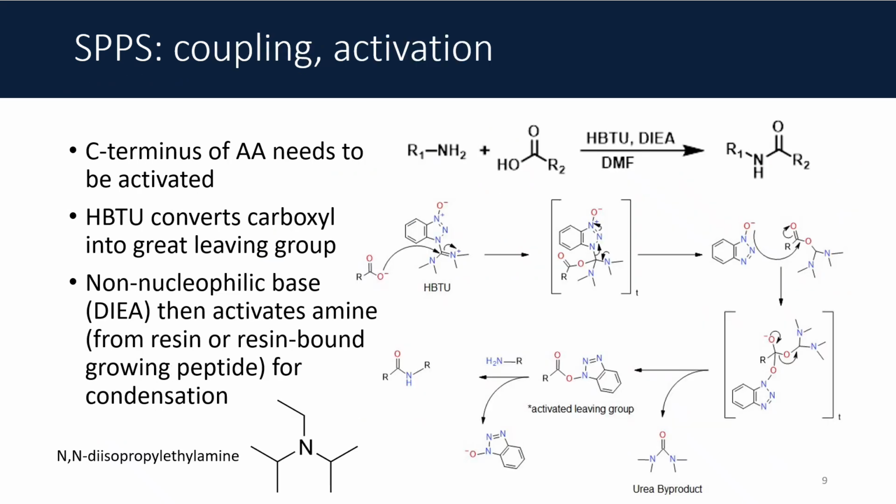efficiently. In the next few slides, I'm going to demonstrate how the coupling reactions work. And the overall reaction that I'm showing here over the red line is simply a condensation between an amine, a carboxylic acid, and they will come together to form an amide, which in biology we call a peptide.